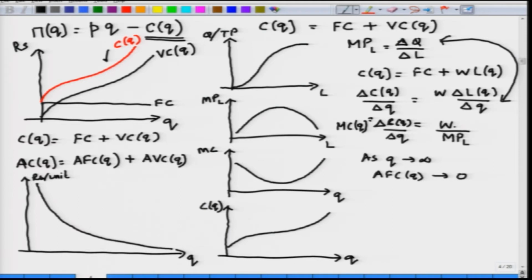What about the average variable cost curve? Well, we already know that this is the variable cost curve. So, if I take the variable cost and divide it by Q, we will get what the average variable cost curve is going to be. So, the average variable cost curve typically will have this shape. The reason it has this U-shaped curve is, recall how output changes as labor changes.